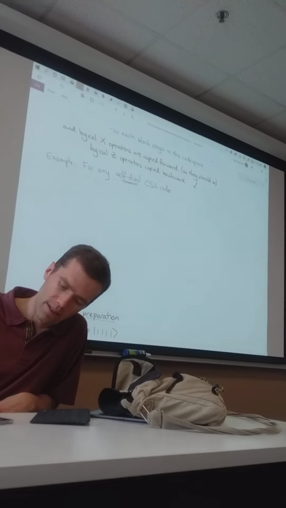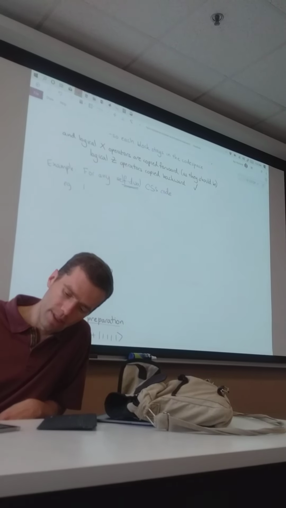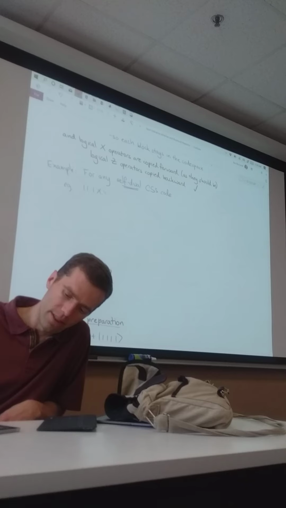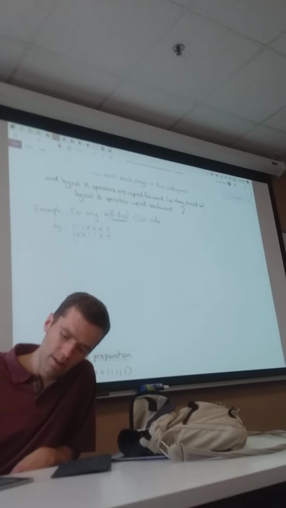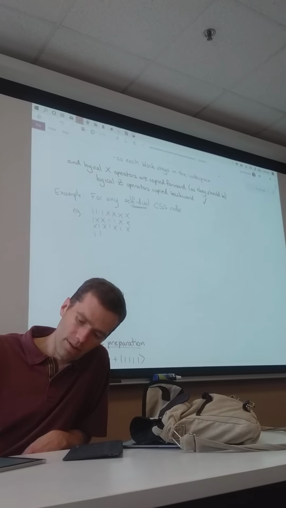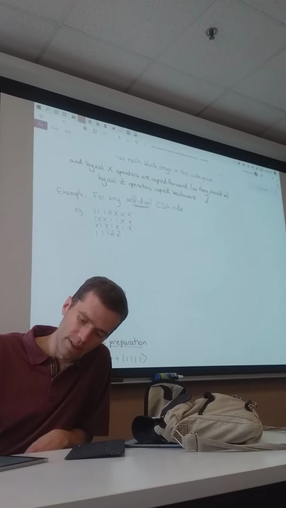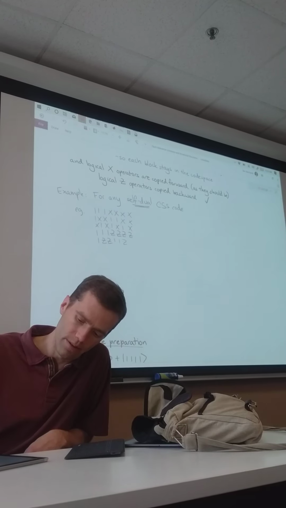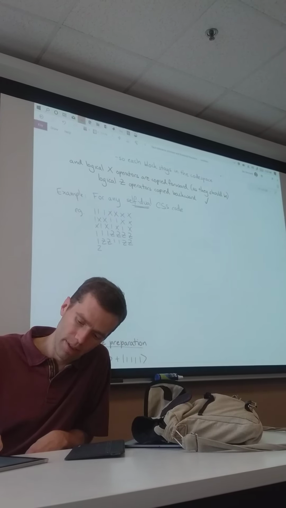Like we saw with the 7-qubit Steane code. Those are the X stabilizers, and the Z stabilizers are exactly the same. The X stabilizers commute with the Z stabilizers, so it's a valid code. So this is the 7-1-3 Steane code.